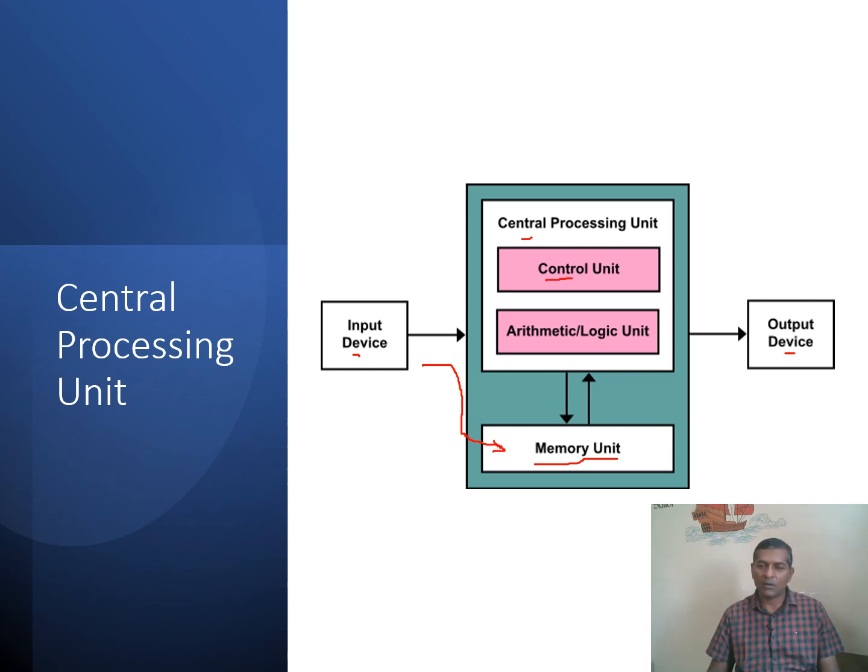We will save this particular program, and when we say execute, the information is provided instruction by instruction, or line by line, to this central processing unit, and it will execute and finally display the result on output devices like a monitor, a printer, or some other devices through which we can display or generate the output. So this is how the central processing unit works.